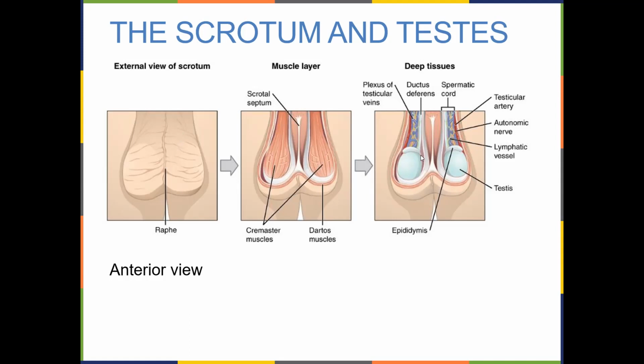The spermatic cord ascends through the inguinal canal in the abdominal wall. That's how it moves up into the body, through this opening called the inguinal canal, and passes through the abdominal wall so it can reach the seminal vesicle. That inguinal canal does become a weak spot for stress and strain.